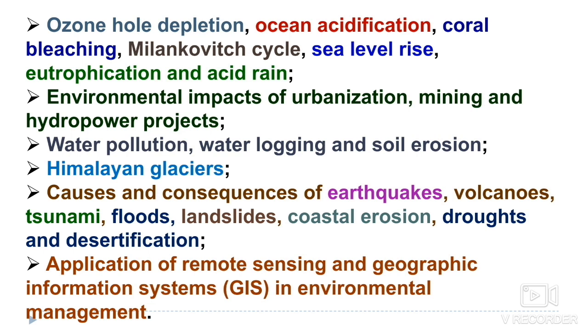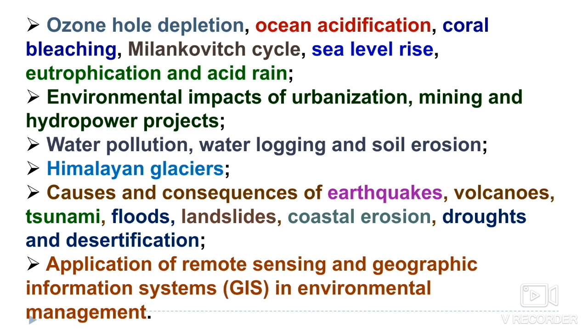Okay, so these are important topics and I think you would have studied them somewhere in environmental geology. Then environmental impact of urbanization, mining and hydropower projects, water pollution, water logging and soil erosion, Himalayan glaciers, causes and consequences of earthquakes, volcanoes, tsunamis, floods, landslides, coastal erosion, droughts and desertification.